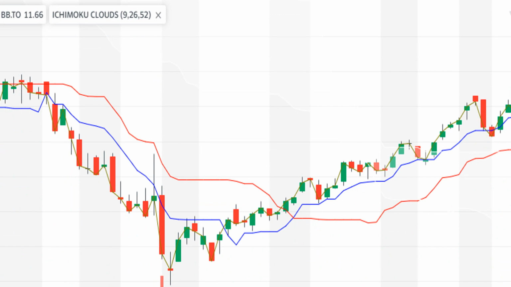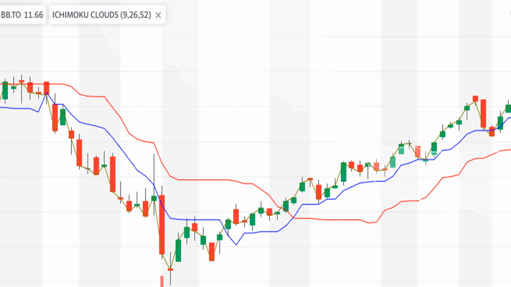Now that you are familiar with the different components of Ichimoku Cloud, we want to know what is the theory behind the power of this indicator. As I explained earlier, the conversion line is used as a fast moving average for any short-term trading like scalping, and you can use this line for trailing your stop loss or exit your position exactly like an ordinary moving average.